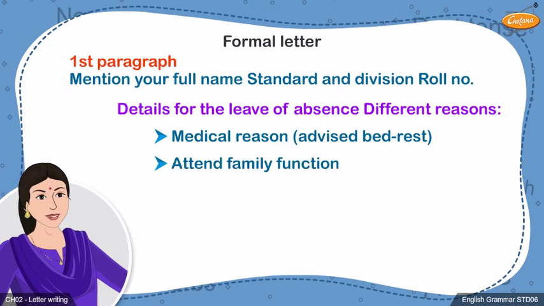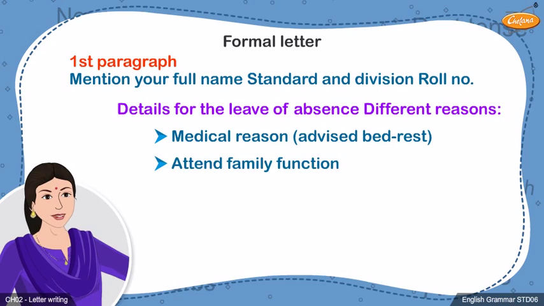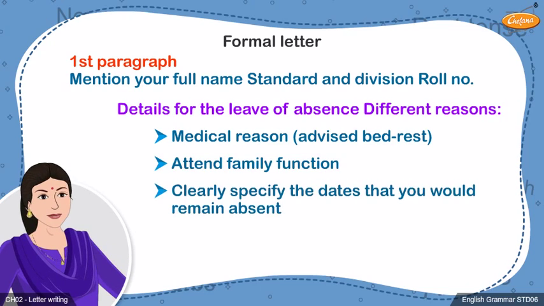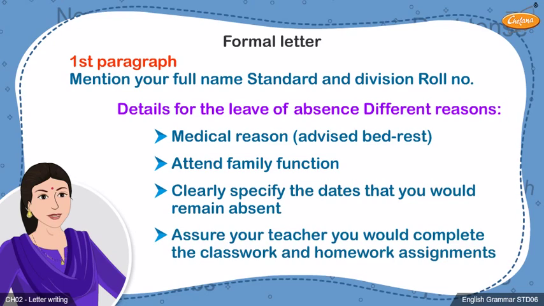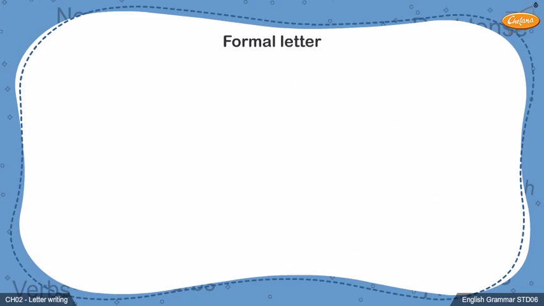You could also write that you need to attend a family function and therefore you require leave. You must clearly specify the dates for which you require the leave of absence and assure your teacher that you would complete the classwork and homework assignments in a timely fashion. Let's start writing.